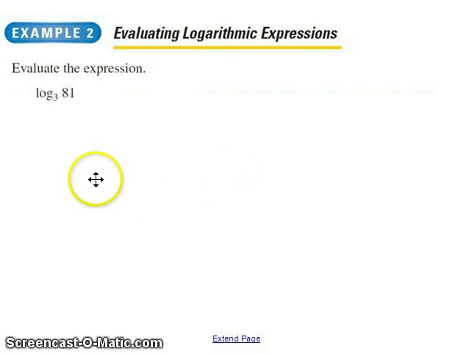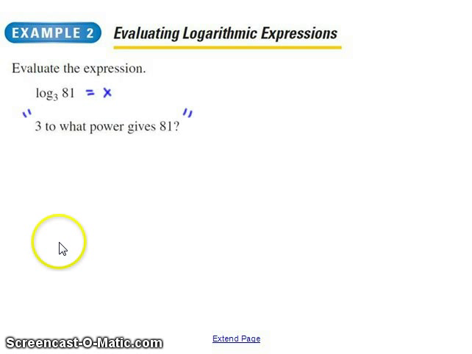In the last video, we talked about this example 2, and you went ahead and did this. You were able to evaluate this expression, log base 3 of 81. And you realized that that has to equal something, equals x, for lack of a better term, the placeholder. But you realized that you needed to translate that expression and say it's really asking you 3 to what power gives you 81.